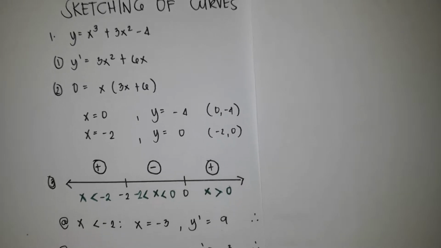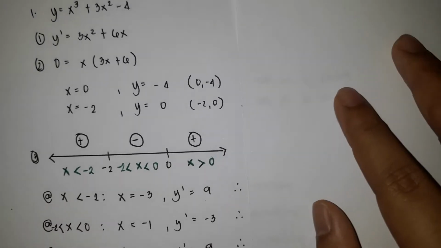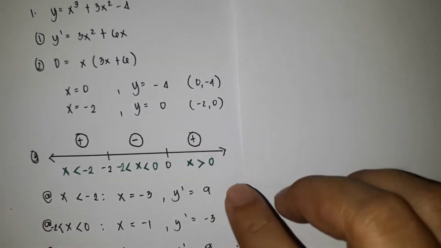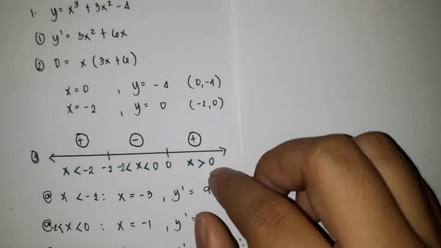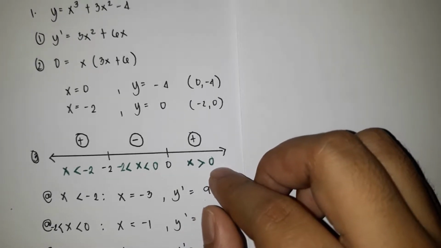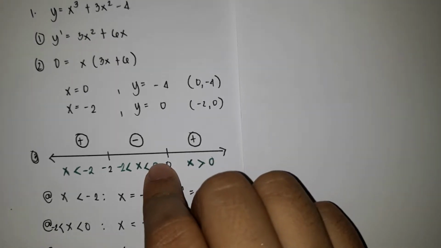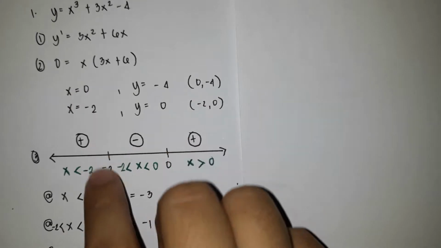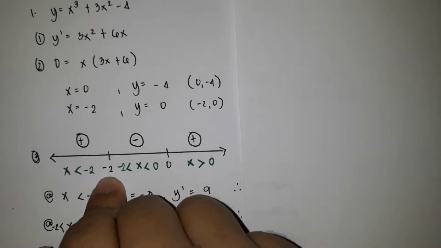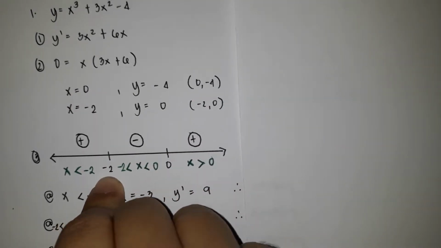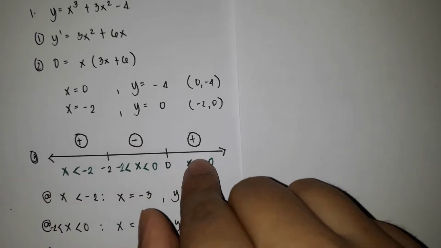So the next thing is we use this line graph so that we may be able to know if the curve is increasing or decreasing. Now I plot the 0 and negative 2 on the axis so that we may be able to get the intervals from them.